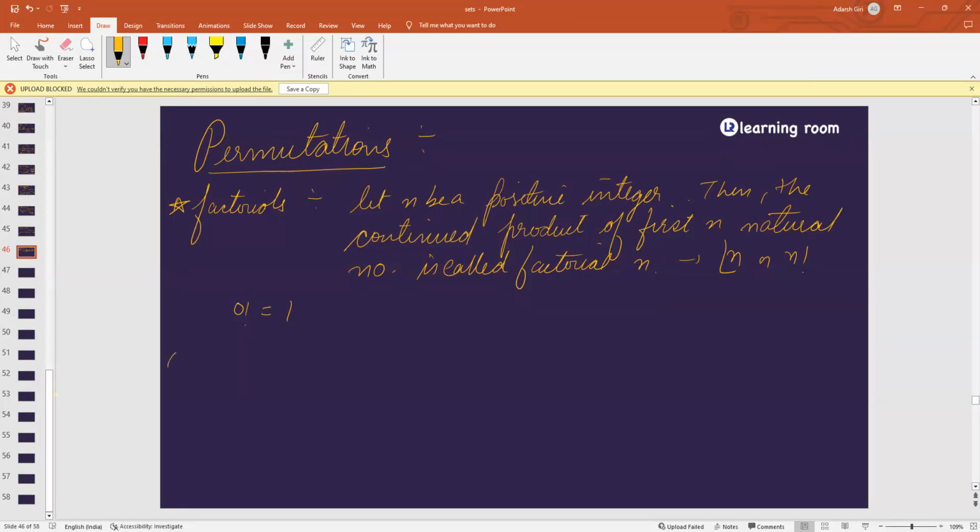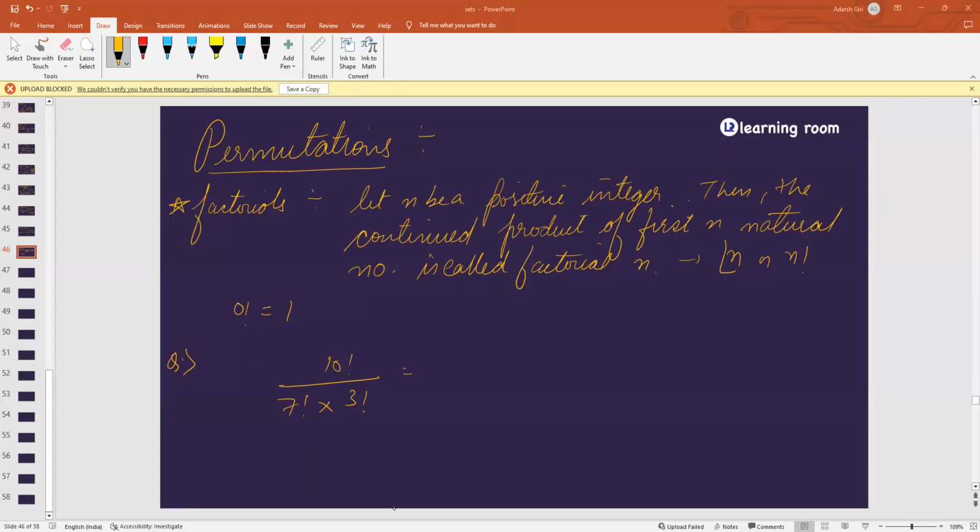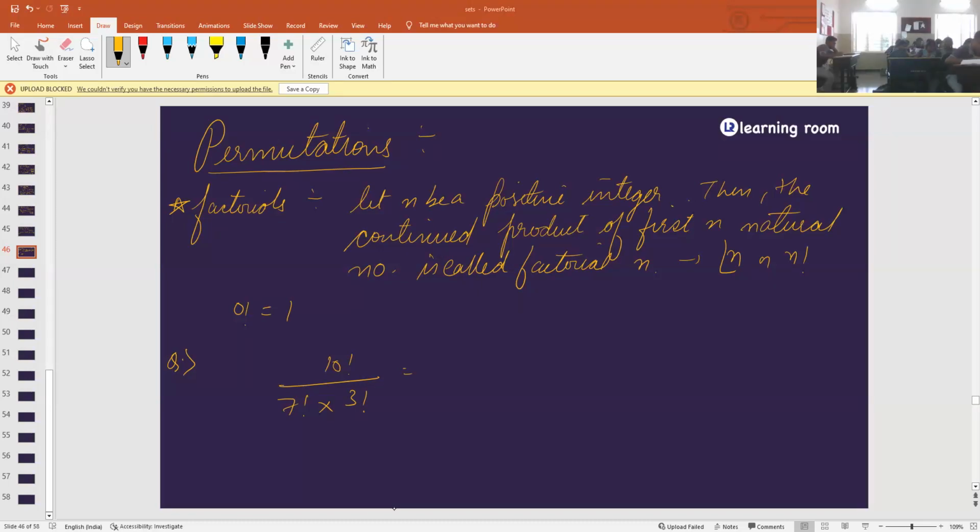Let us start with some questions. Can you solve and find the value of this expression? 10 factorial by 7 factorial into 3 factorial. Can you find that value? 120.